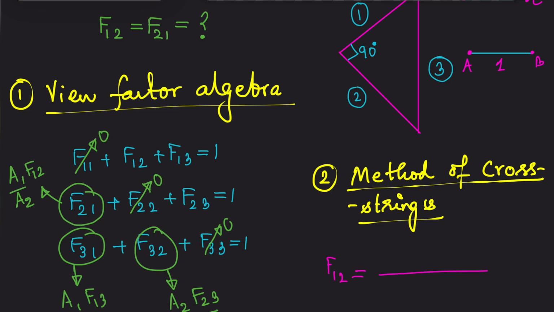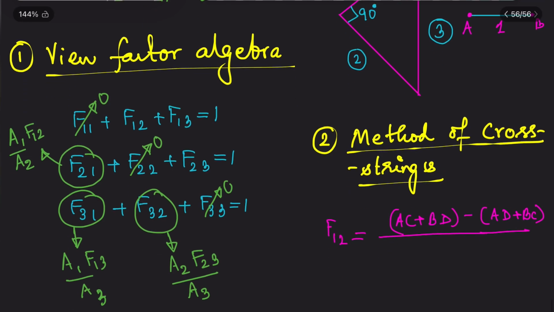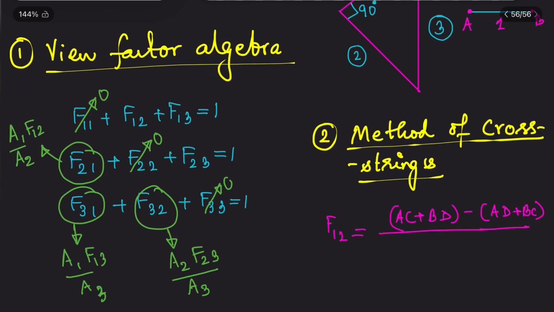So diagonals means here AC plus BD, minus summation of sides, that is AD plus BC, by 2 into the originating area, that is AB.